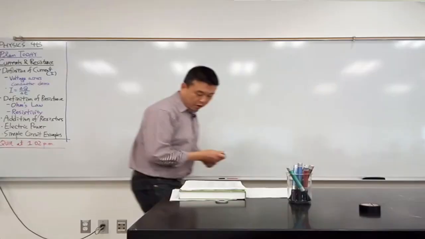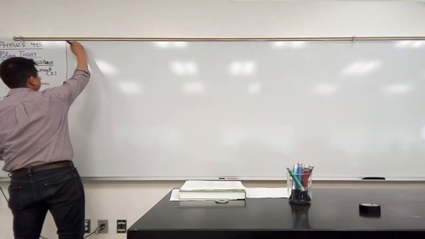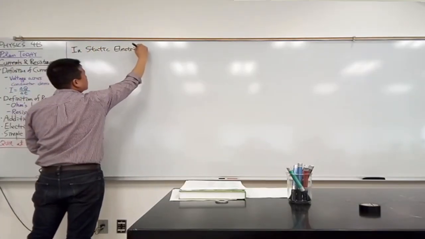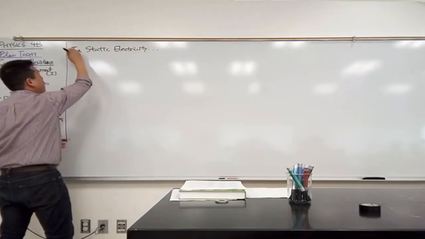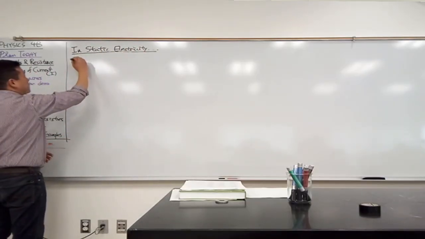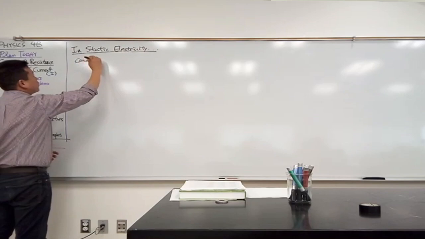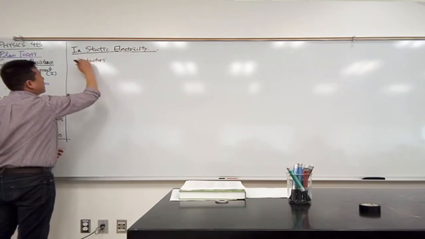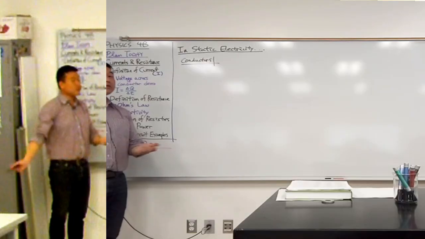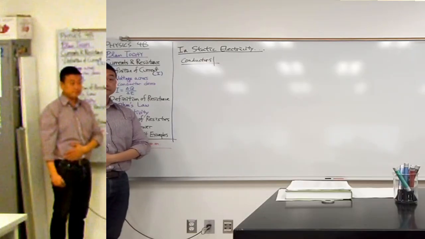What we've been talking about in static electricity particularly has to do with what we said about conductors. So for conductors, what do we know about behavior of conductors in static electricity? What are some of the conductor properties you know?